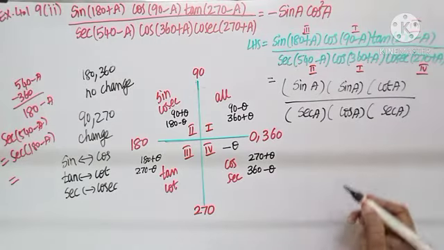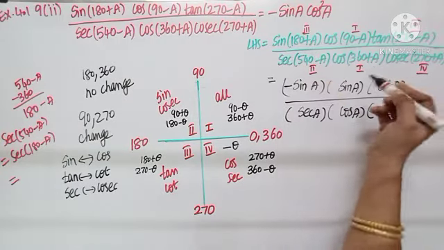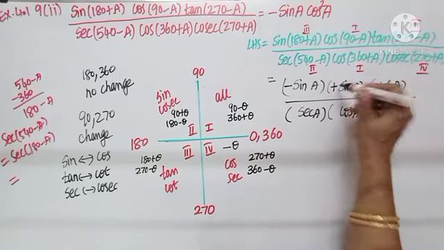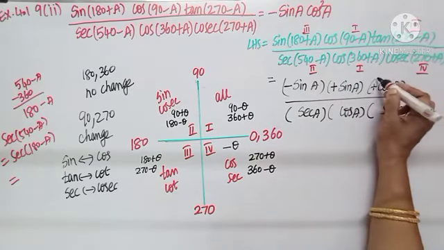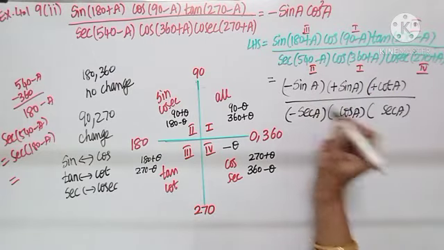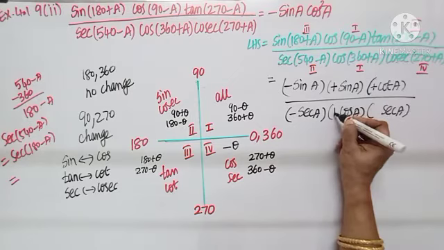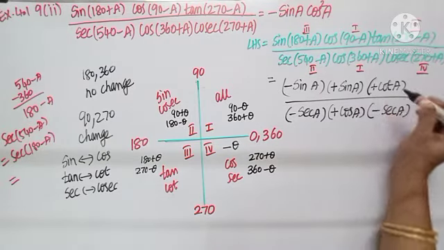Now we'll put the symbols properly. Third quadrant sin negative. First quadrant all the ratios positive. Third quadrant tan positive. Second quadrant secant negative. First quadrant all the ratios positive. Fourth quadrant cosecant negative.